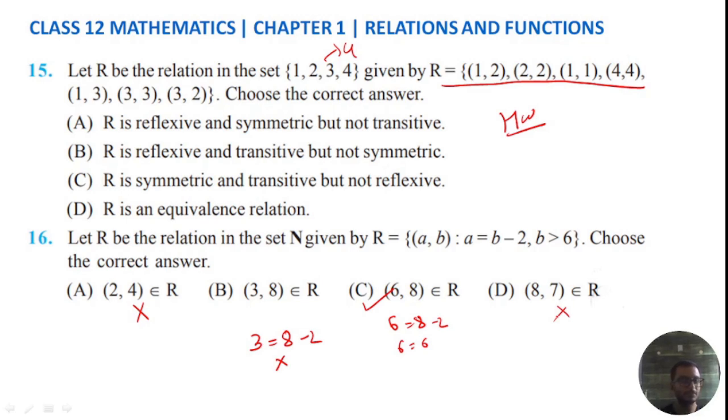Various things can be involved in this, like they can put geometry, limits, or continuity, by saying that two functions are related if their limits are the same. In that way they can make many types of this question, but your basics are clear now on how to show whether a relation is an equivalence or not, because in this whole exercise we did this only.